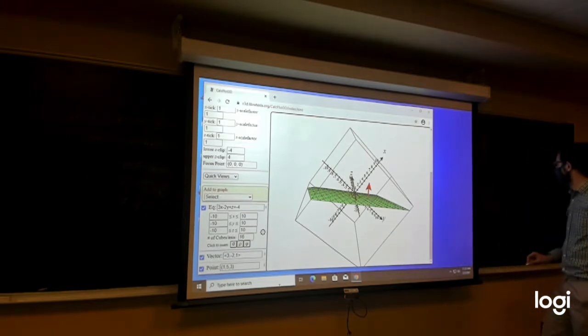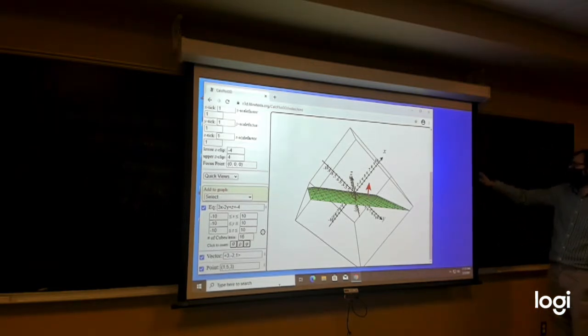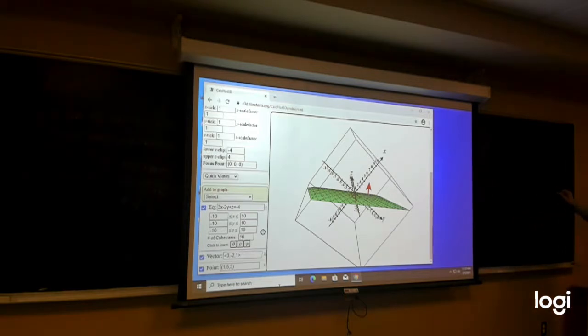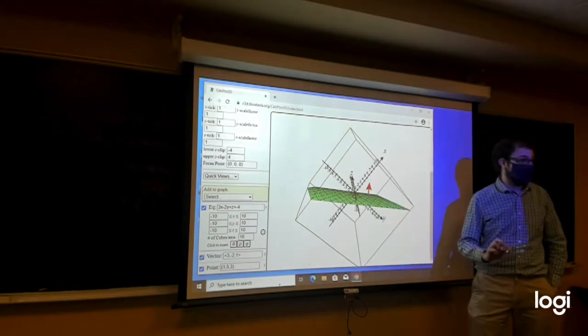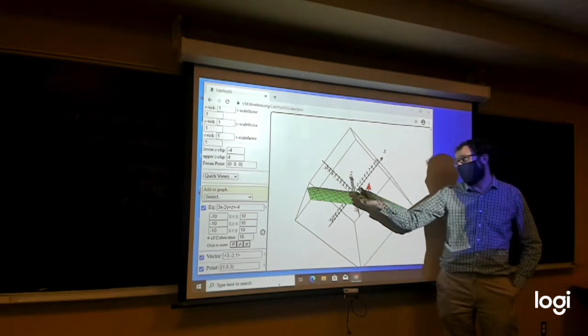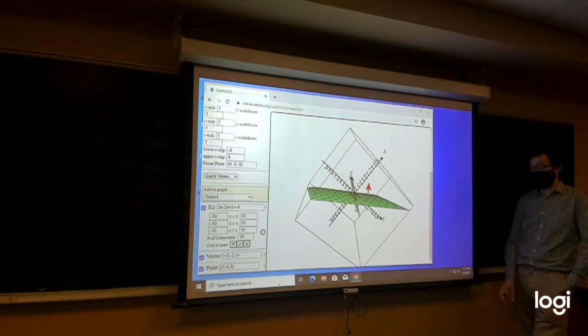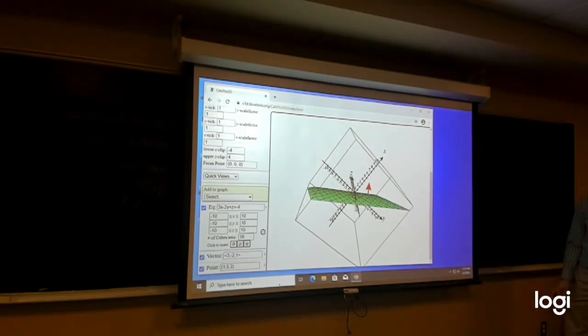So, for instance, some points we could plug in would be like 0, 0, negative 4, or 1, 1, 1, or let's say 1, 2, 3 minus 4 is negative 1, minus 3. Any point x, y, z satisfying that equation is going to pop up somewhere in this plane. If we were to graph that point, it would be on this flat two-dimensional surface, whereas any point that didn't satisfy that equation would be somewhere off of the plane in R3.